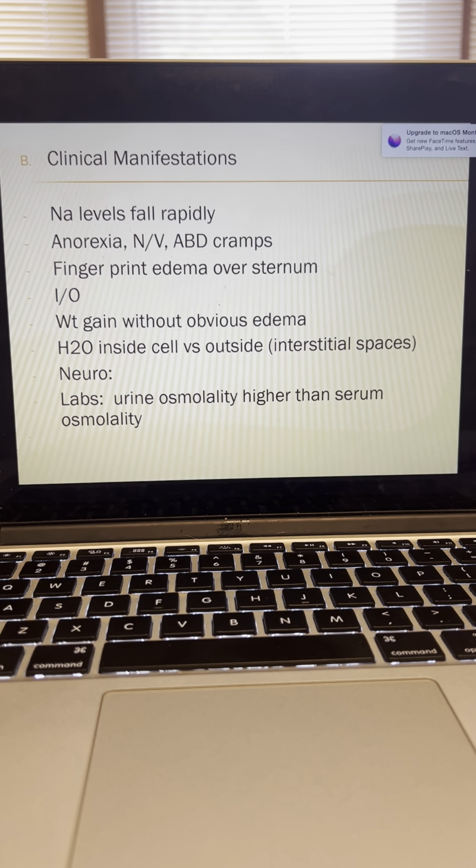finger pit edema over the sternum, intake is greater than output. Weight gain without obvious edema because the water is inside the cells versus outside.